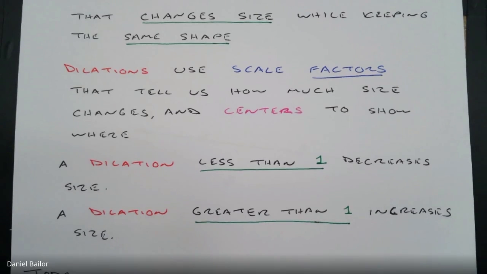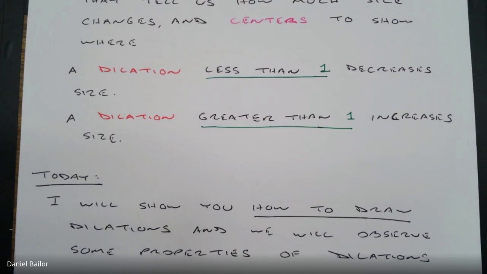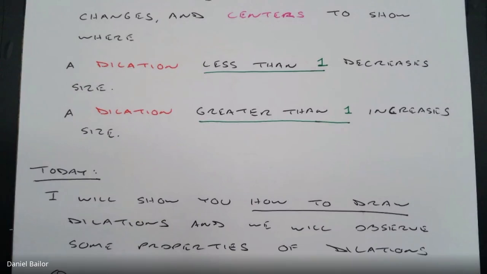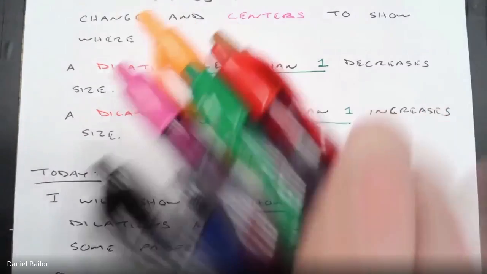Because today I am going to show you how to draw dilations, and we will also observe some properties of dilations. So we are going to be precise. It might help you to get your colored pencils, or I use colored pens, out to help you.